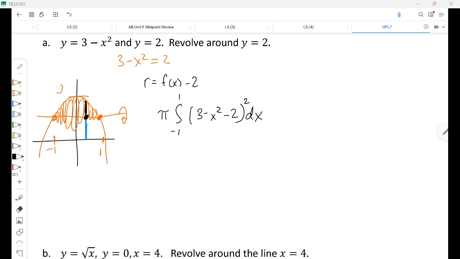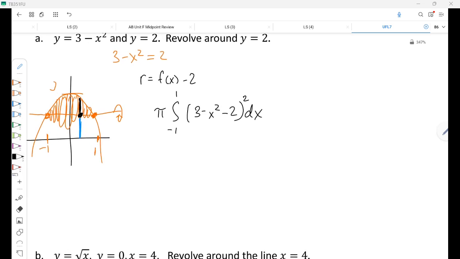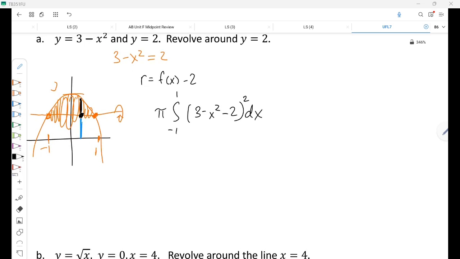I don't see a reason to waste time actually doing that in any other way than using a calculator. So grab your calculators, put that in. Don't forget the pi out front.